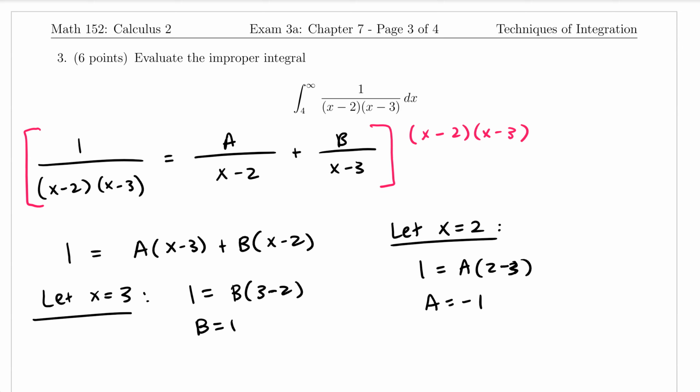So based off these calculations, what that's going to allow us to do is rewrite our original improper integral as the integral from 4 to infinity of -1 over x minus 2 plus 1 over x minus 3 dx like that.